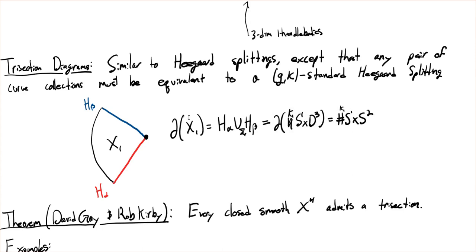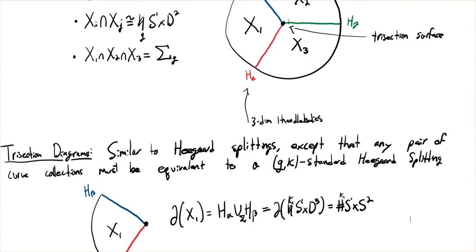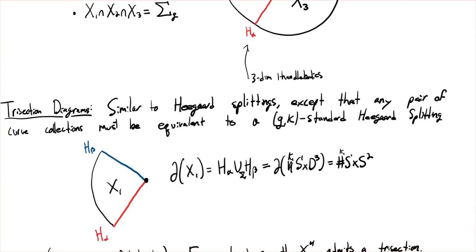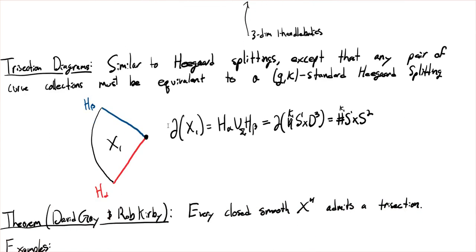So therefore, any trisection diagram that we have will be a collection of curves on a surface, the trisection surface, and pairwise they need to be equivalent to these GK standard Heegaard splittings.